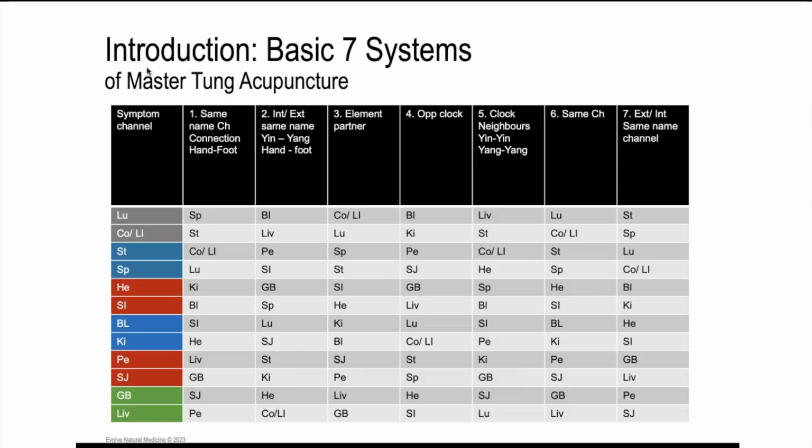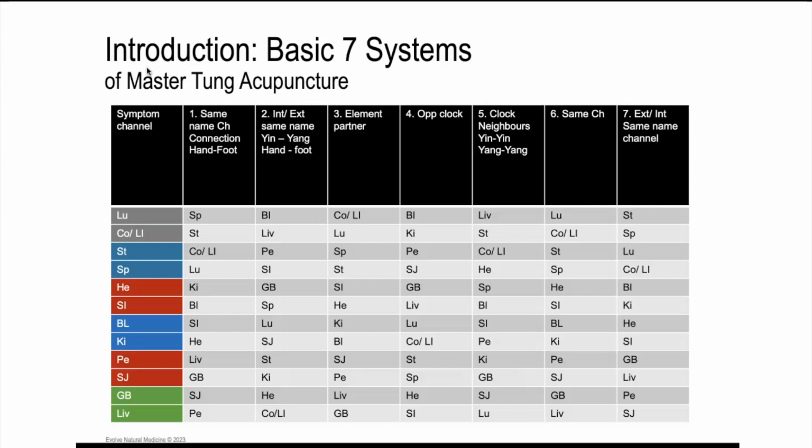And one of the things that I've noticed when we're looking at particularly Tung acupuncture, because there's a whole series of new points to understand, is that practitioners quite often get caught up in remembering the particular issue or symptoms that a point treats, without understanding why. What we're looking at with these 7 systems is it's helping us to understand why.